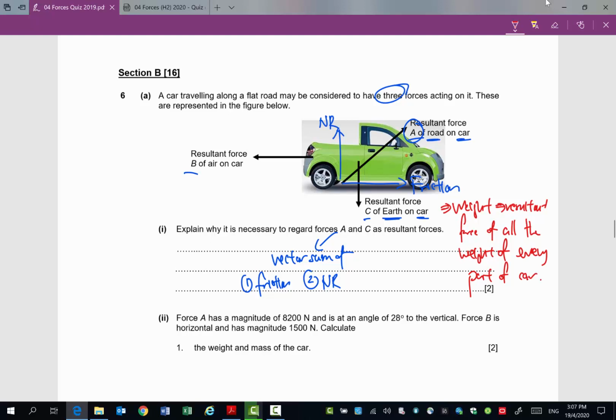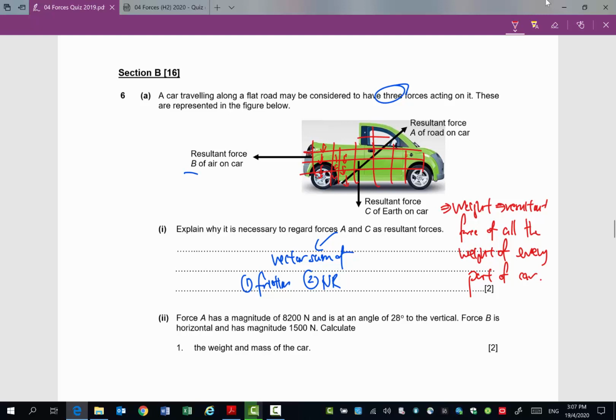You must understand the way we have been solving weight is really just a mathematical convenience. The way to really understand weight is that it is not only acting at a single point, because the car can be separated into many different segments. Each of these segments will have its own CG, its own little mass and therefore its own little weight.